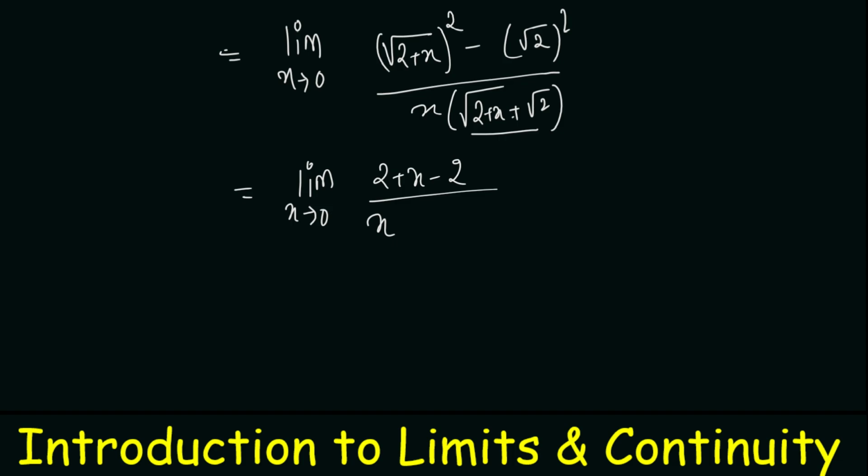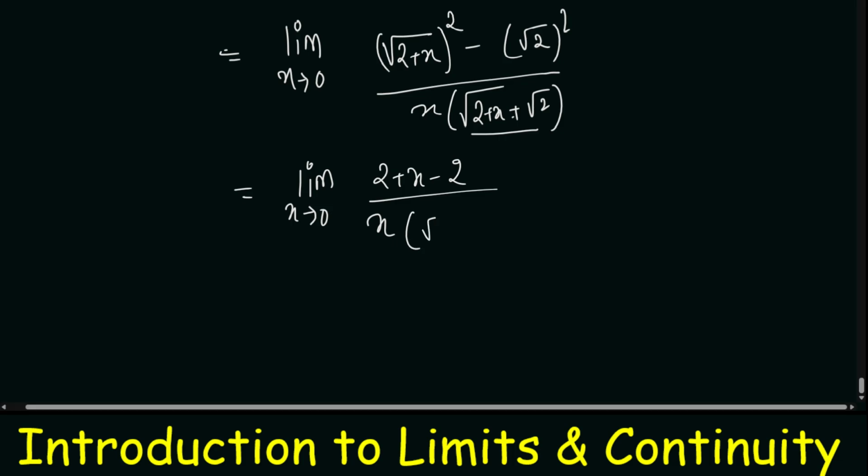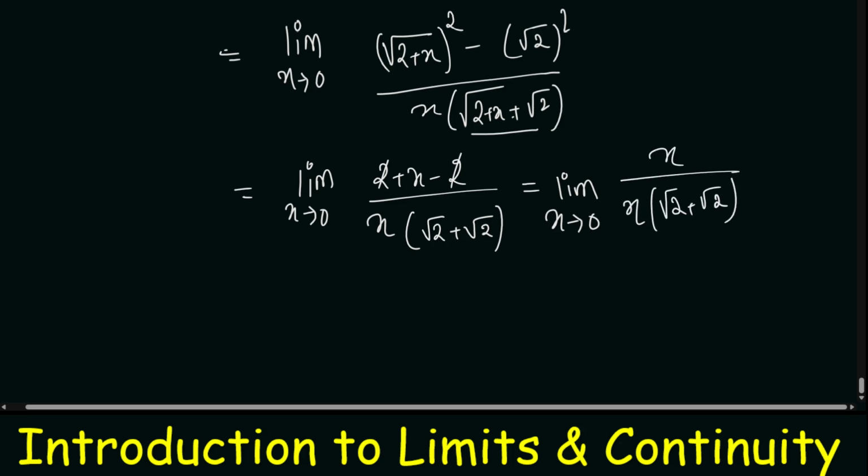So put x equals 0 here, and you can see that this simply becomes root 2 plus root 2. And you can see in the numerator, we have the 2's cancelled off, and the limit becomes limit x tends to 0, x by x whole into root 2 plus root 2.